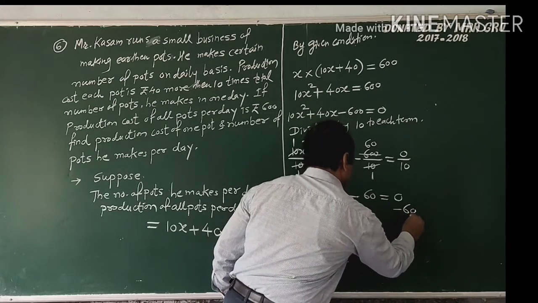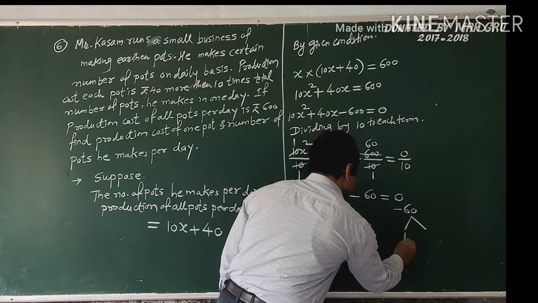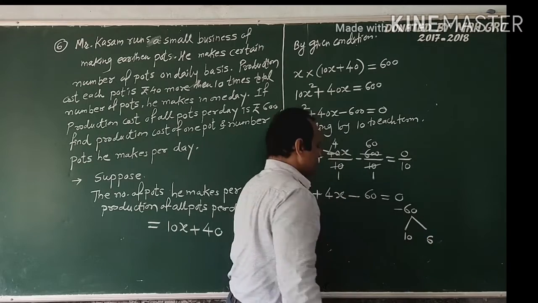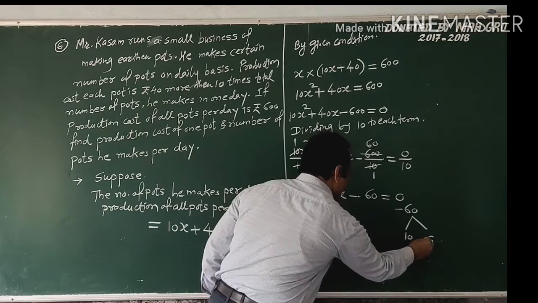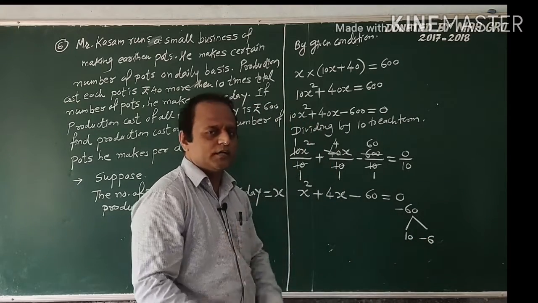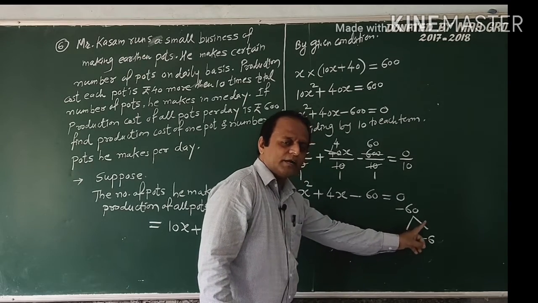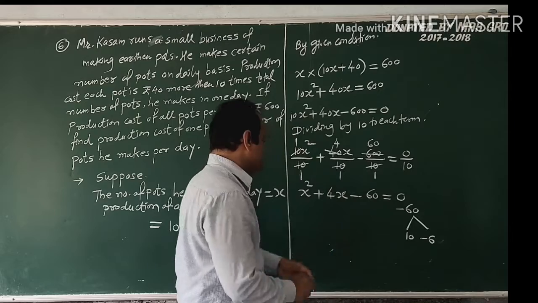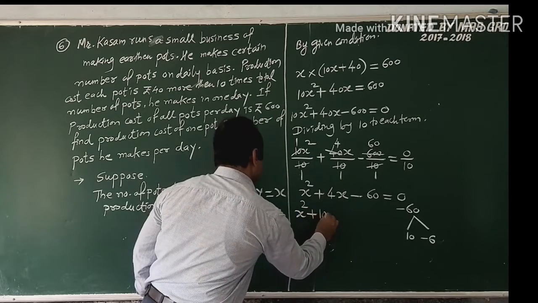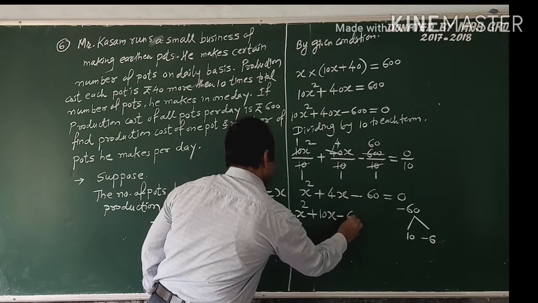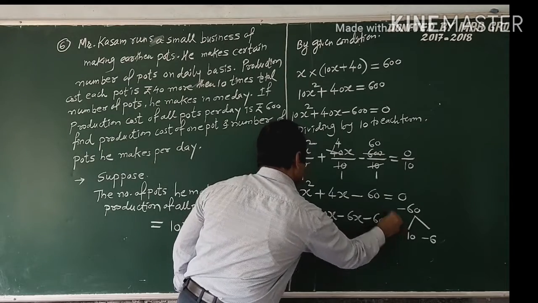We can write the two factors of 60 as 10 sixes are 60, and as we have to get plus 4, we give the minus sign to the smaller number, and in this way we get the factors 10 and minus 6. Just write here x square plus 10x minus 6x minus 60 is equal to 0.